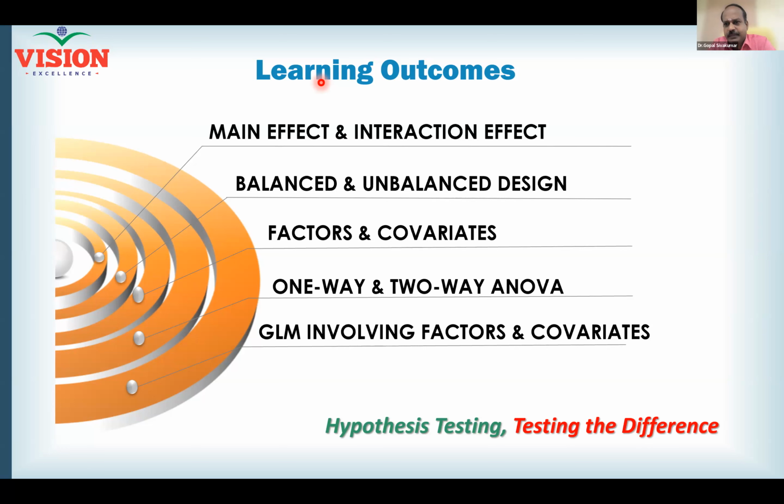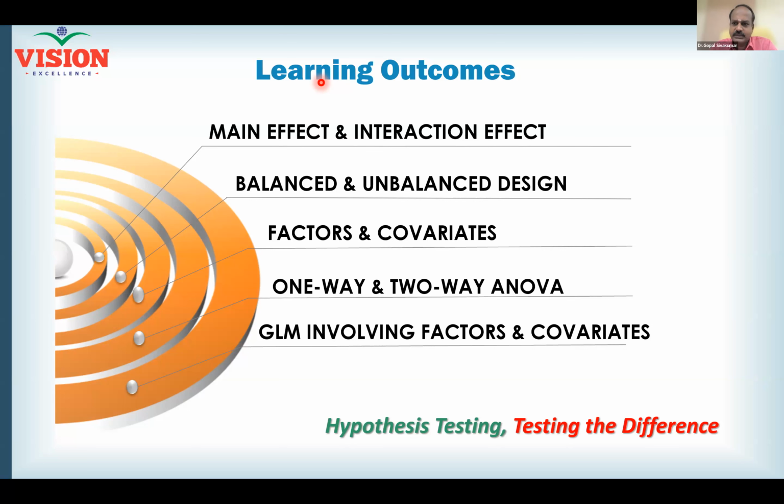If the design is balanced, you can definitely go for a balanced ANOVA. But if the design is unbalanced, then there is some limitation. So we need to go for the modified version of ANOVA, which is known as general linear model. It is also very important for all of us to understand the difference between factors and covariates.